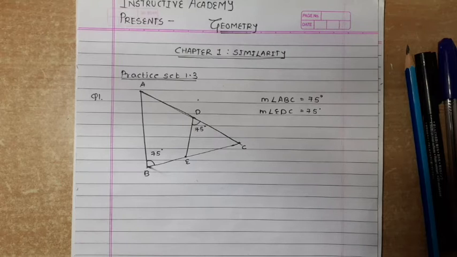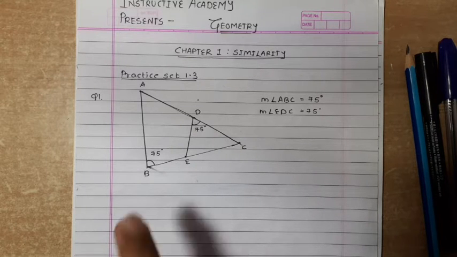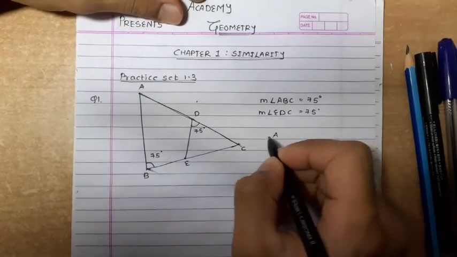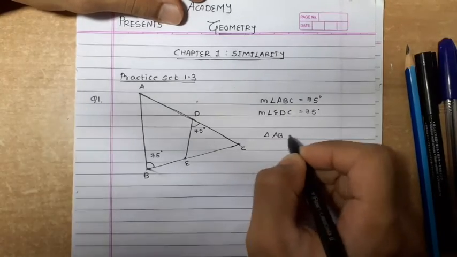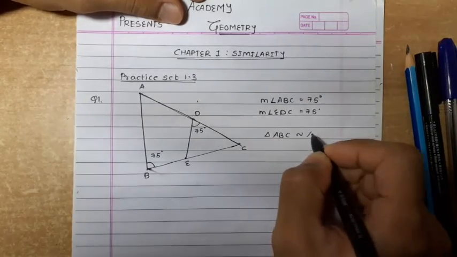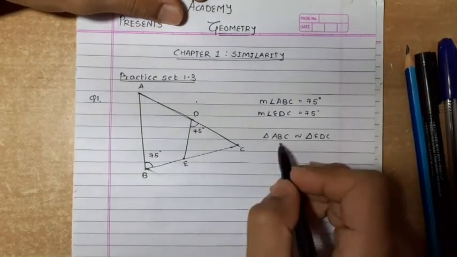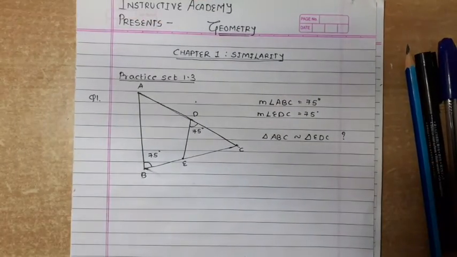Any other information is given to you? No. We are asked to find whether the given two triangles, that is triangle ABC, is similar to triangle EDC.